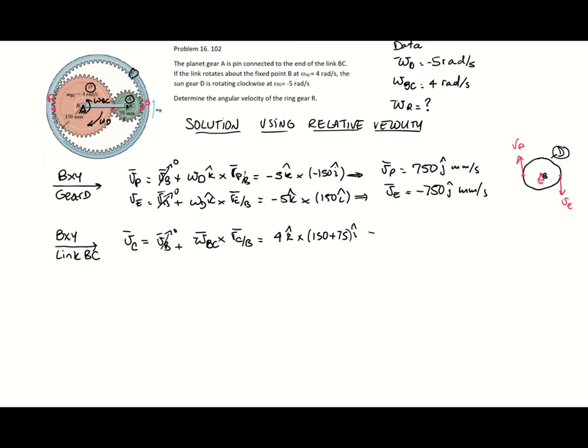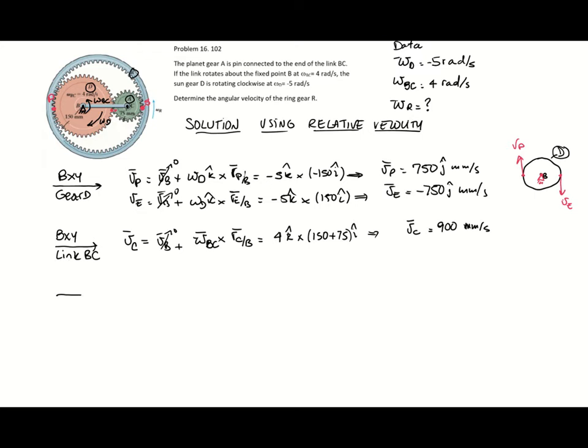Therefore, the velocity of C is equal to 900 millimeters over second.